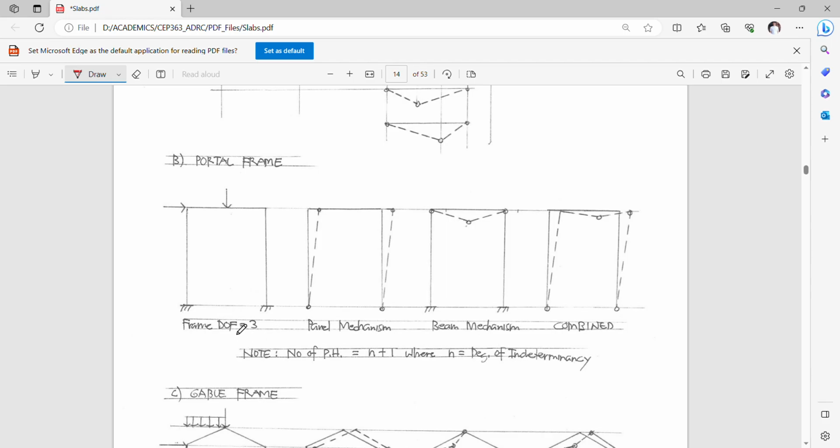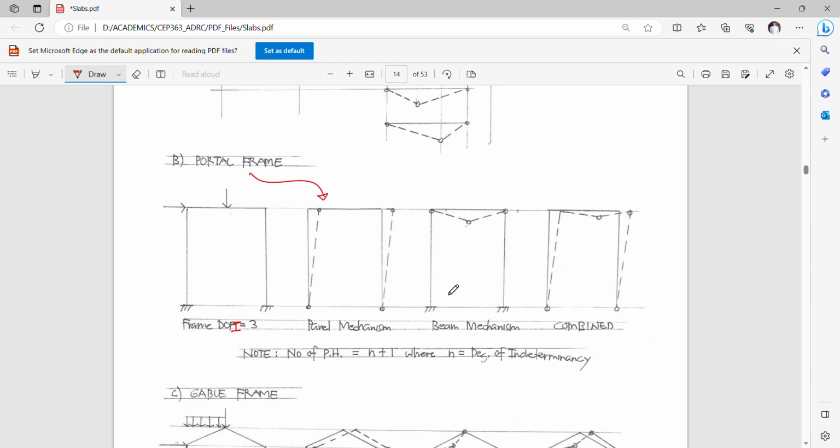So 1, 2, 3, I only need to have 4 plastic hinges to make this system fail. So this is as far as a portal frame failure is concerned.